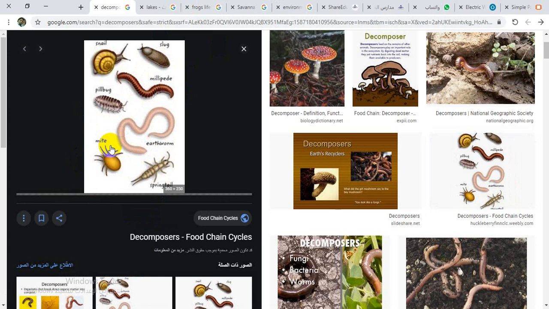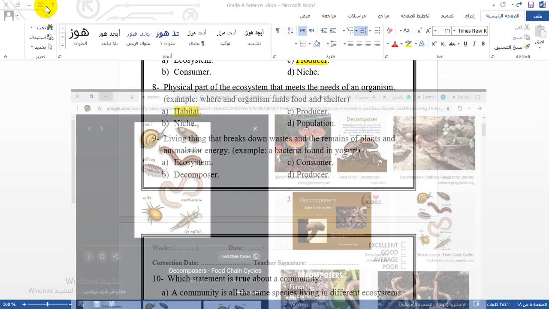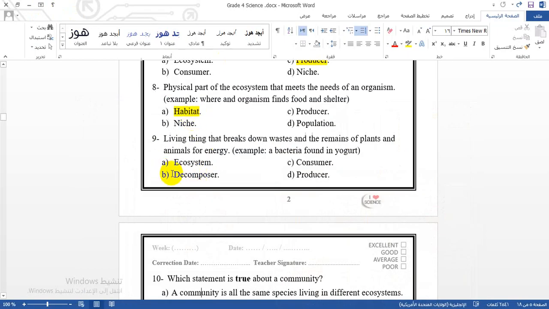So bacteria, some insects, or snails, or fungi, all of these are examples of decomposers that decompose the dead bodies of animals. Okay, guys, so this one we have to select, the decomposer.